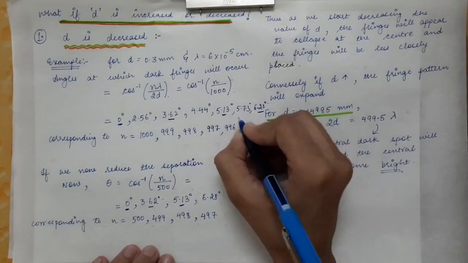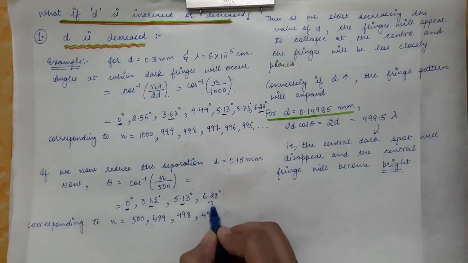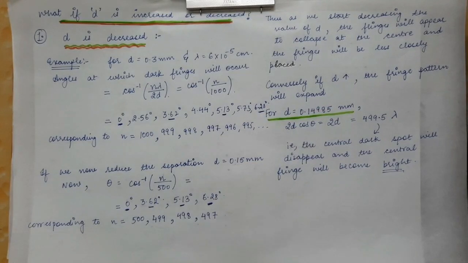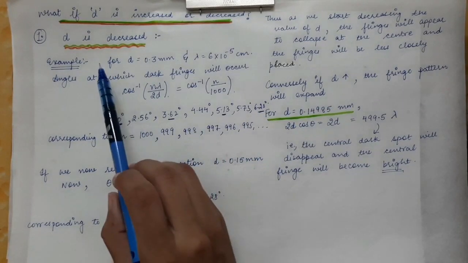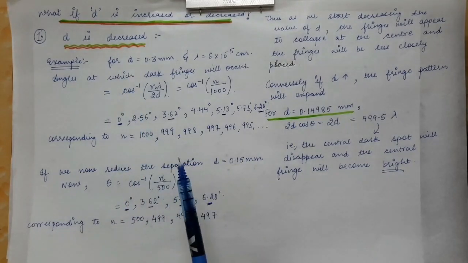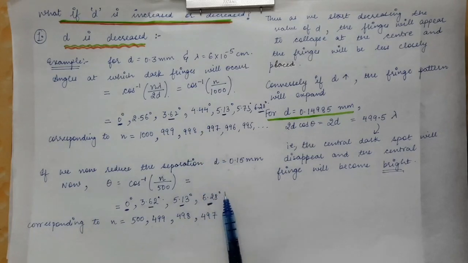So this fringe has gone to the previous fringe. This is what we mean by the fringe pattern collapsing as the distance between the two mirrors M1 and M2 prime is decreased.